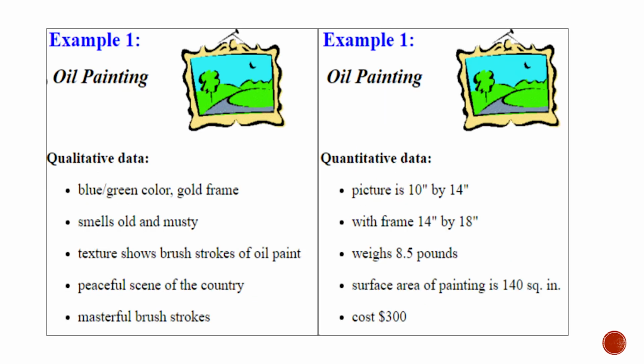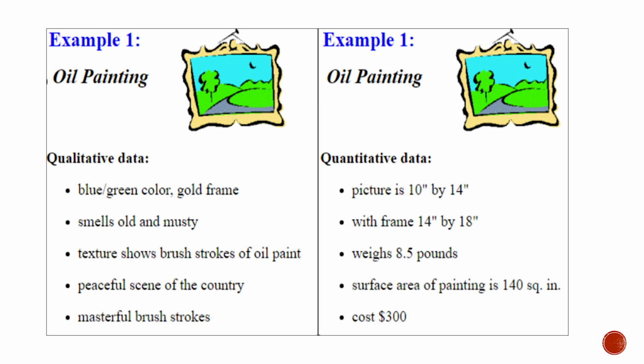So I have one example, one oil painting is shown here, but you can see this oil painting can be described using both qualitative data and quantitative data. So when we talk about the color of this painting or the type of brush it has used, right? So it will constitute qualitative data.